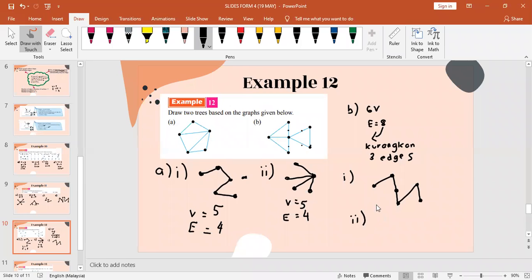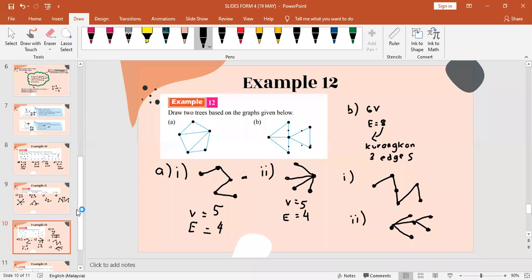So number 2, we have 1, 2, 3, 4, 5, and 6 vertices, and 1, 2, 3, 4, 5 edges.